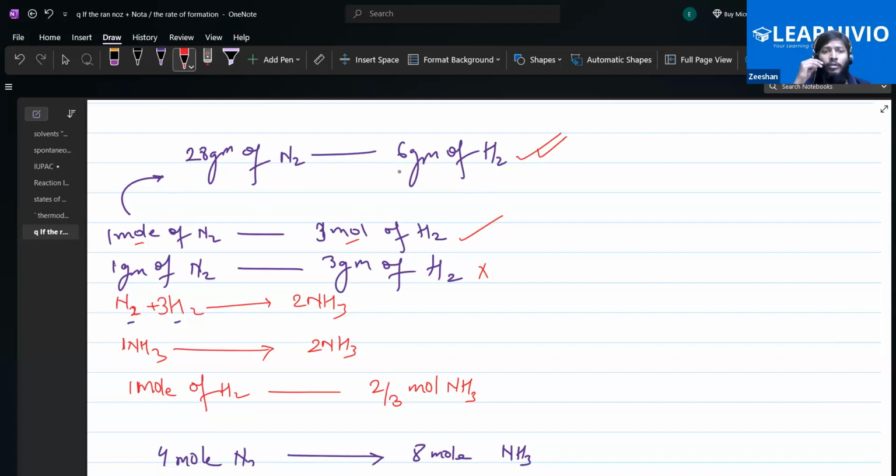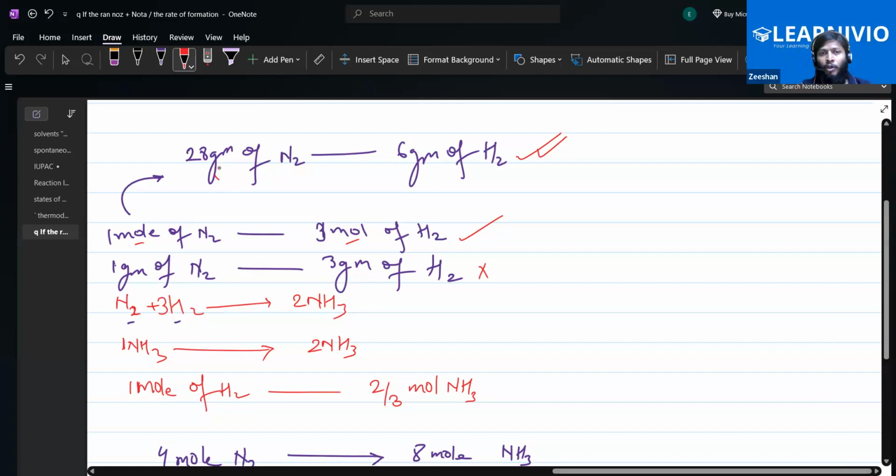Always keep in mind that we have to go through moles, not through mass. And if you observe carefully, 1 gram of nitrogen is reacting with 6 upon 28 gram of hydrogen.